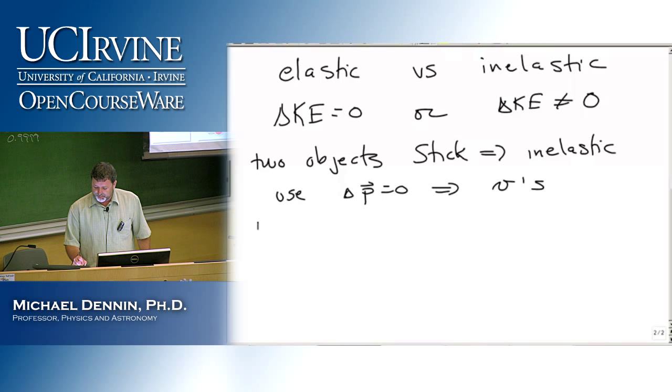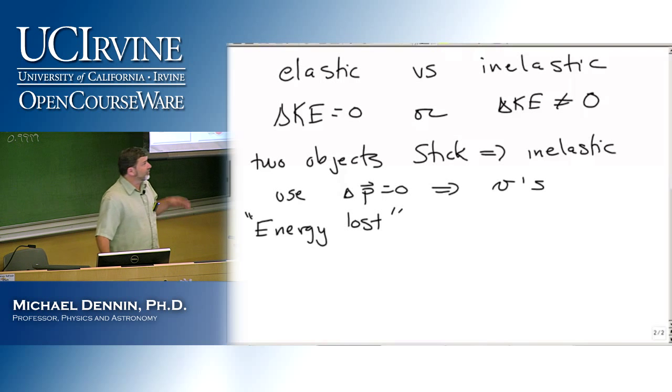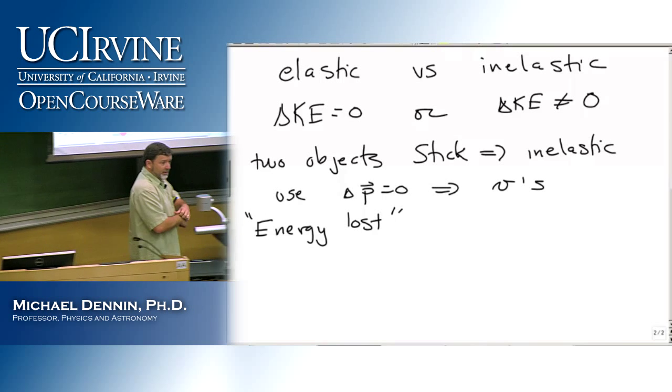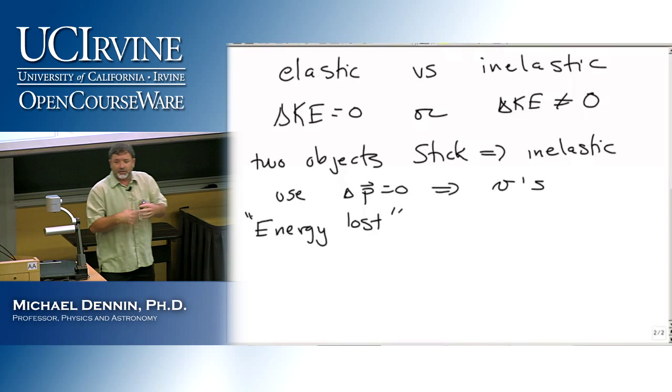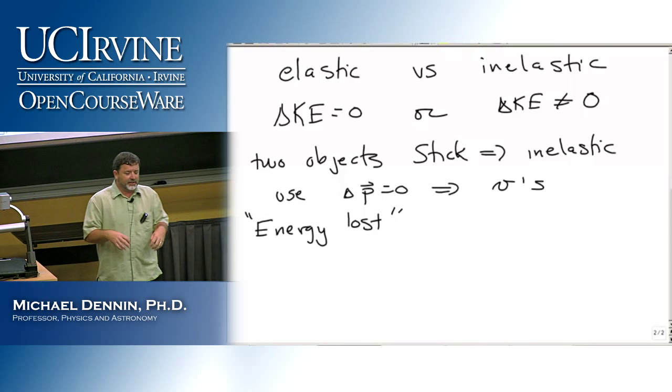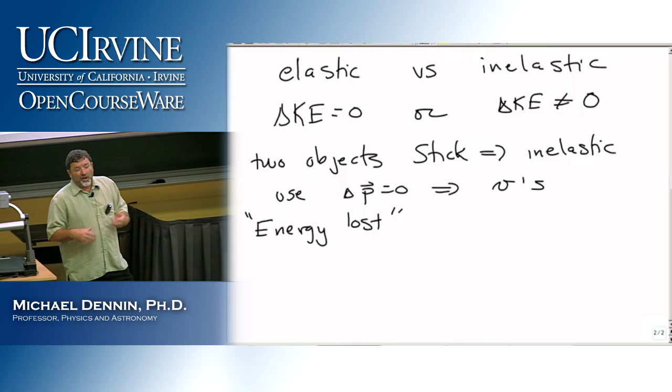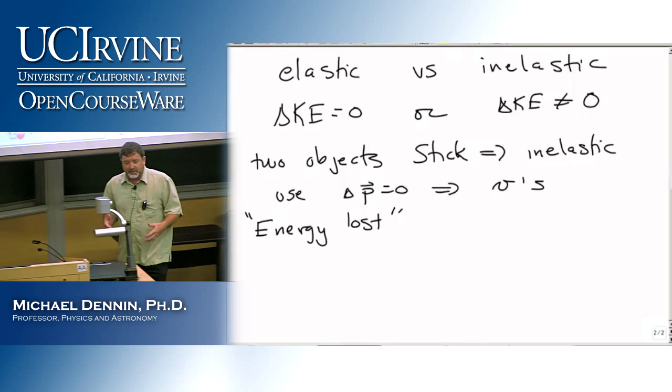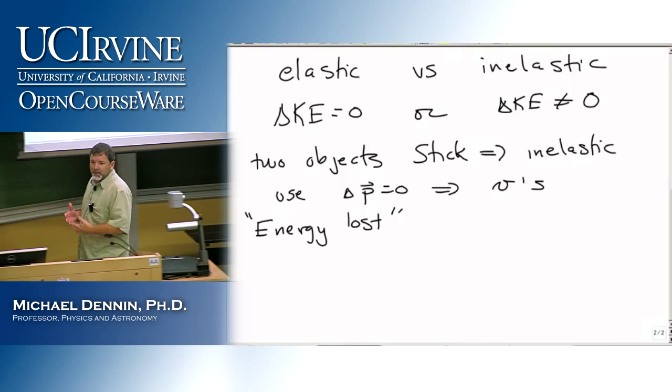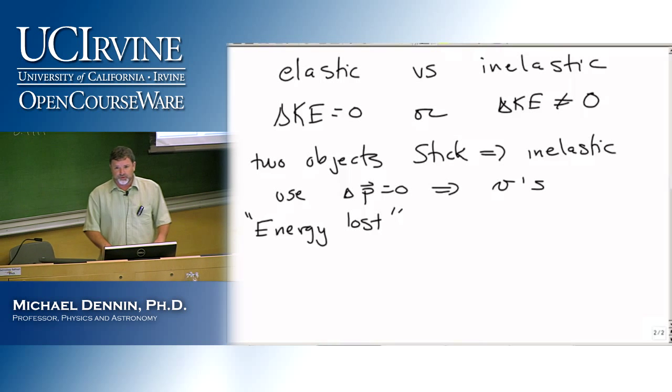And then if you wanted to compute the "energy lost", and again, keep in mind that this is a strange phrase, which is why I'm putting it in quotes. Right? The energy lost is not really lost. It goes into other types of energy. It's almost always kinetic energy lost. And I don't know why we don't just say that, but I'm using the common phrase that everybody else uses.